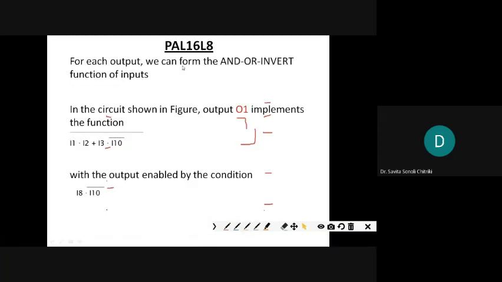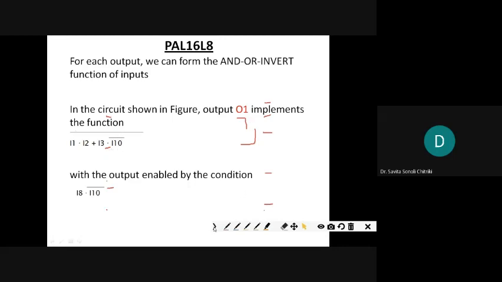For each output, we can form an AND or invert function of the inputs. In the circuit shown in figure, output O1 implements the function I1, I2 ORed with I3, I10 bar and the whole bar.